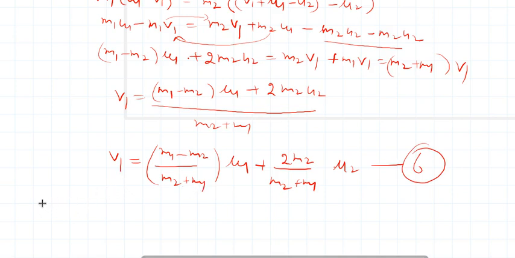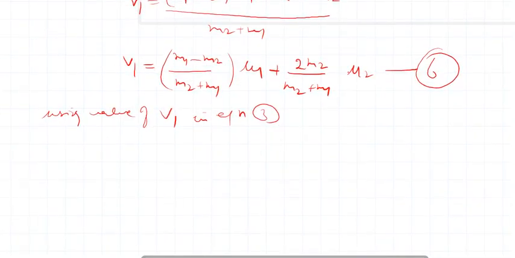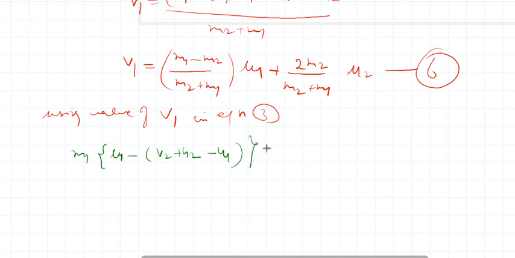And similarly, using the value of V1 in equation 3, we will get that M1 (U1 minus V2 plus U2 minus U1) must be equal to M2 (V2 minus U2).